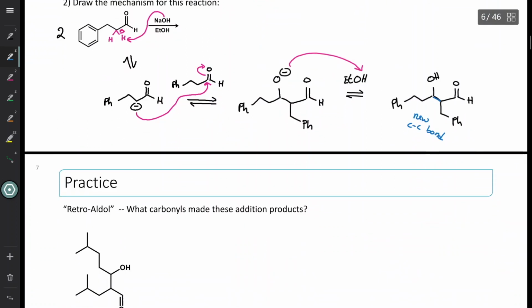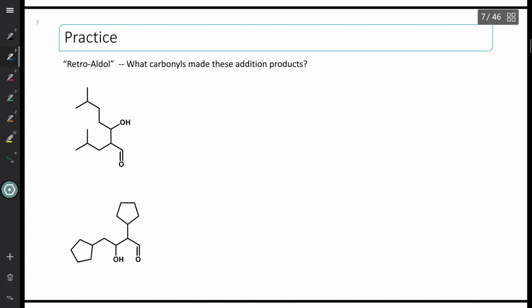Okay, let's do some retro-aldol. So here is a possible aldol product, and we're going to go back and find the carbonyls, either aldehydes or ketones, that were used to form it. So you start at your carbonyl that's still in the product. This is alpha, this is beta, and this is where you're going to split, between the alpha and beta position. So what could have made these?